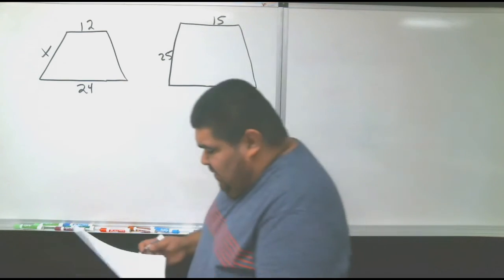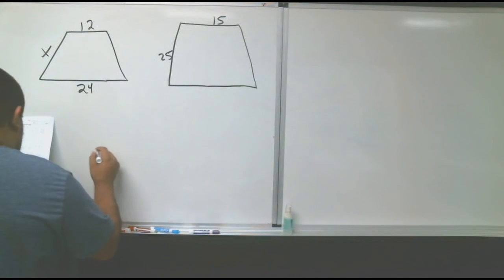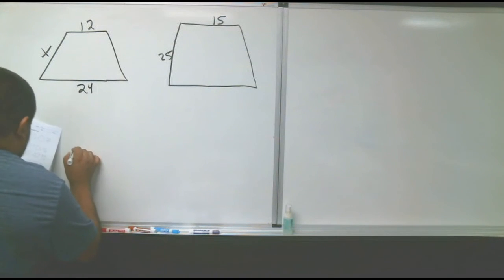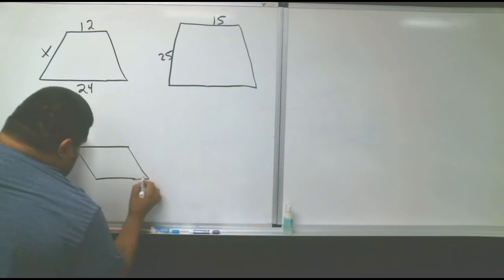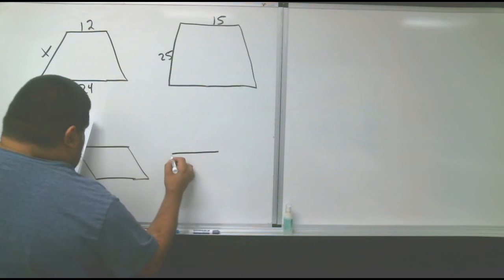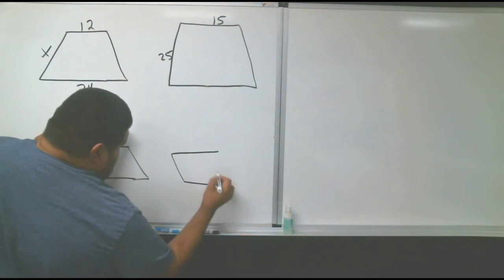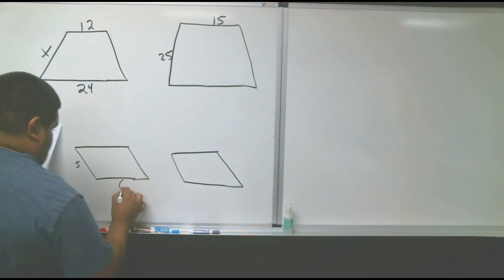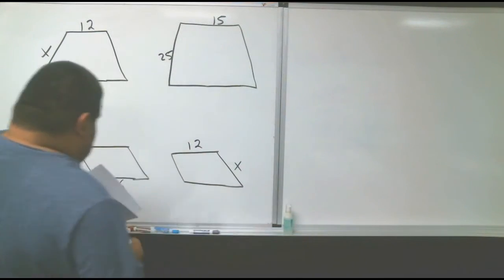And then on your second one, we have another two kind of squares. 5, 6, 12, x.